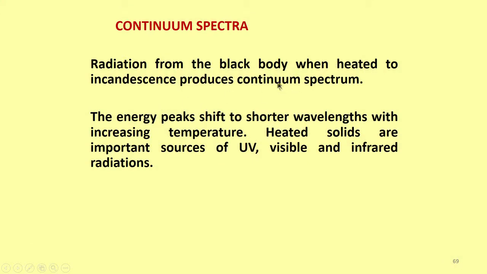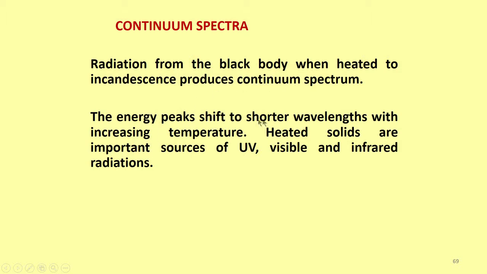So, it is a continuum light radiation containing several wavelengths of the electromagnetic radiation belonging to the visible range. Okay. So, the black body radiation produces a continuous, bright, yellow light or something like that, indistinguishable from each other.